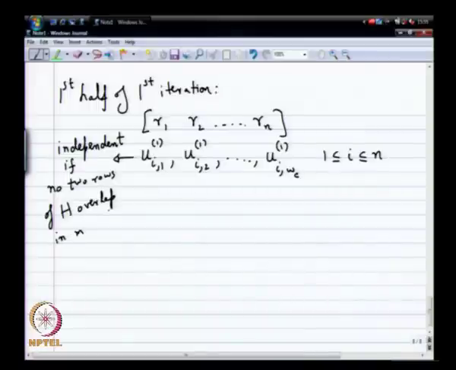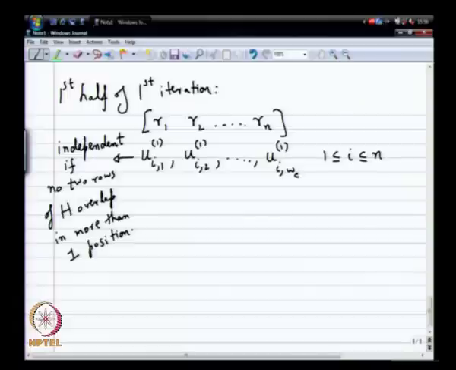When I say overlap, it basically means overlap in ones. Of course they will overlap in zeros, and we do not care. So if you take care of this constraint, then these will be independent.